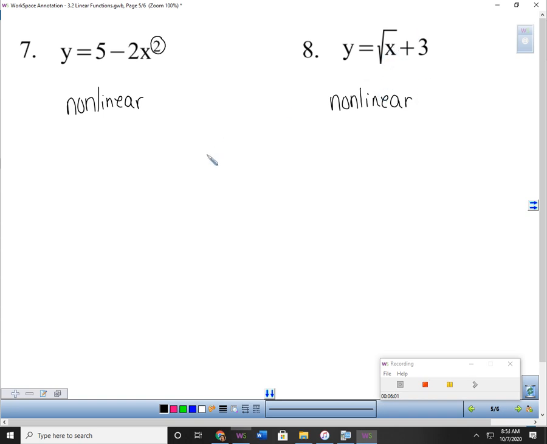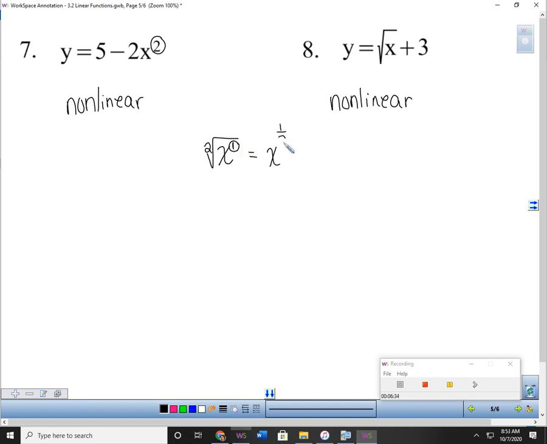If I write the square root of x, I can write that with a power. Because you guys already know that I can rewrite a square root with a power when I take this number right here and divide it by the root number, right? We did that when we were simplifying square roots. So this is actually x to the 1 divided by 2.